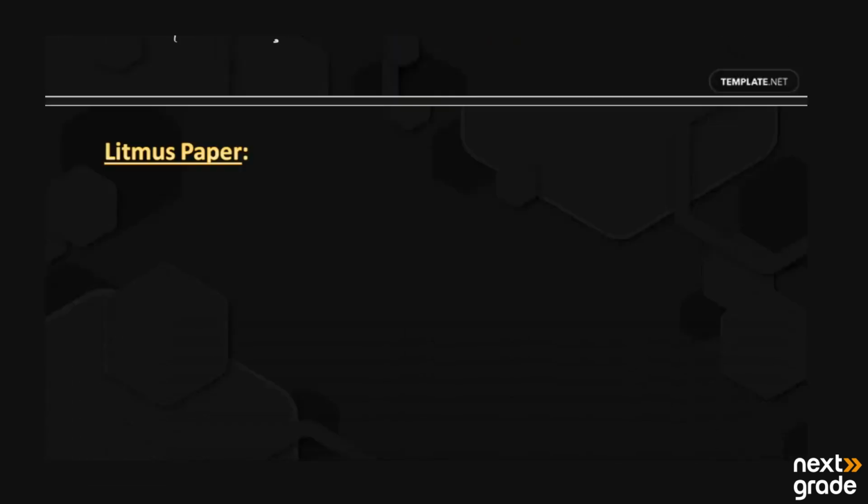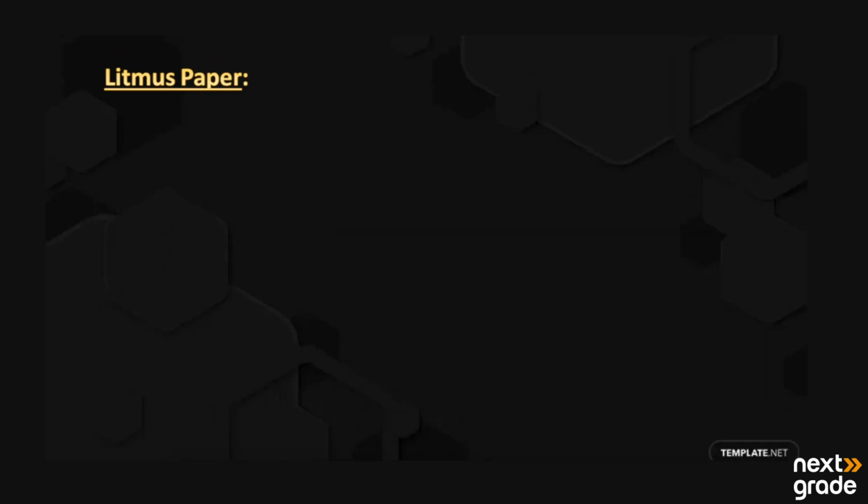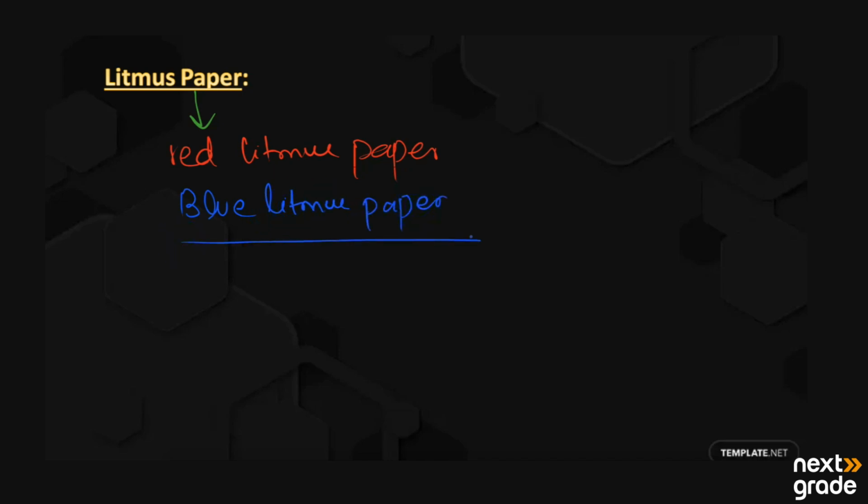Next, for the measurement of pH, we have litmus paper. Now what does the litmus paper do? Basically, litmus paper is of two types. Number one is the red litmus paper, and the second is the blue litmus paper.